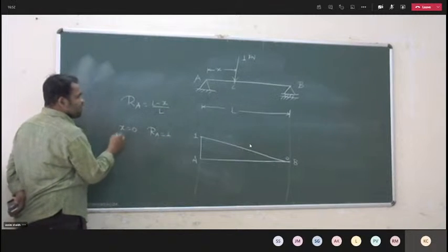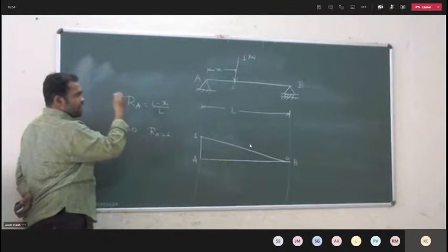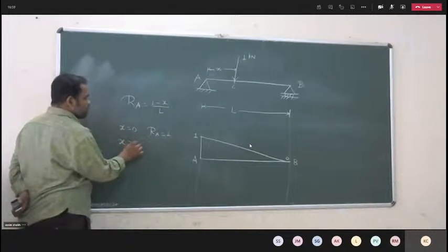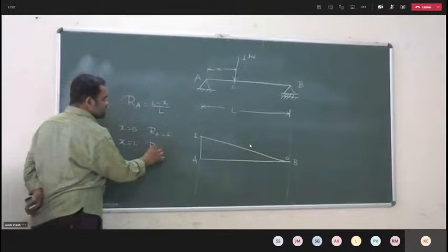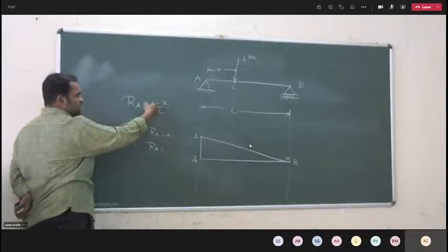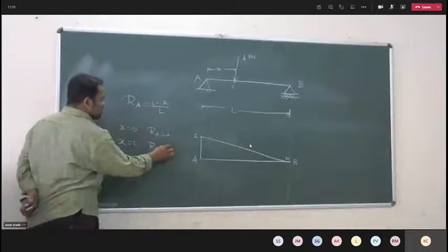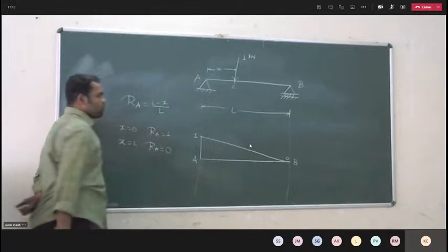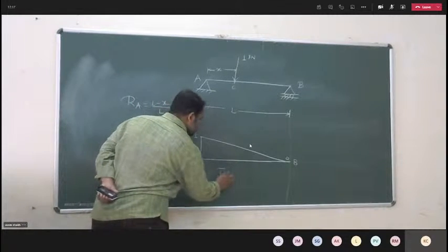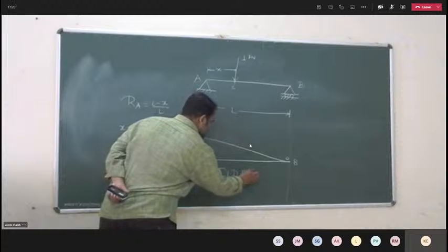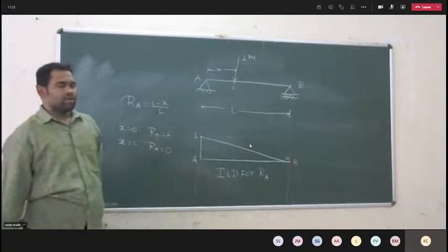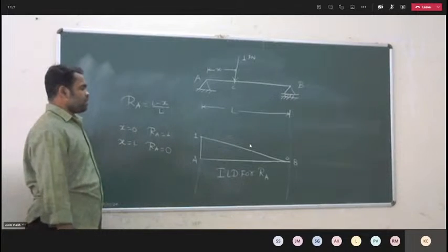If I move the load from A to B, at B, x is equal to L, so putting x equal to L in this equation, we get L minus L, therefore RA is 0. Like that, we have to draw the ILD for the reaction. So this is your ILD for RA.